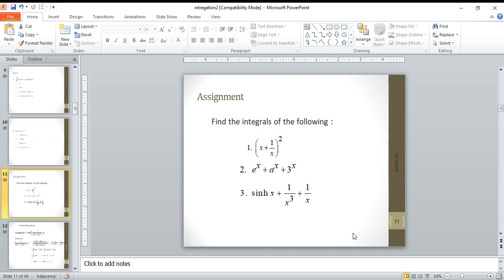Next, the third one: sin hx plus 1 by x cube plus 1 by x. Integration of sin hx is just cos hx.